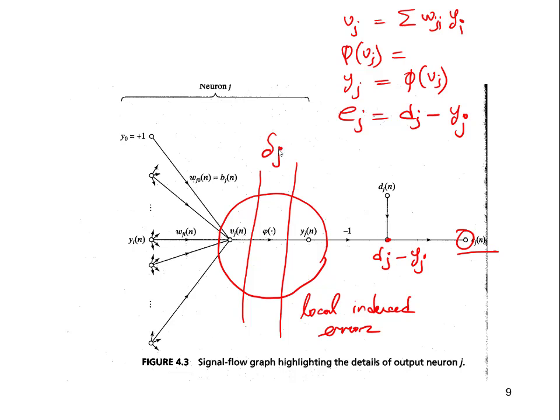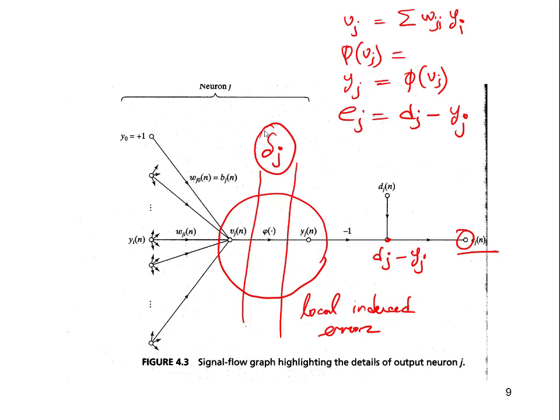This local induced error will be computed within this neuron, considering the errors generated by the loss function and propagated throughout the other neurons also. So this term is only considered for the neuron by itself, inside it.